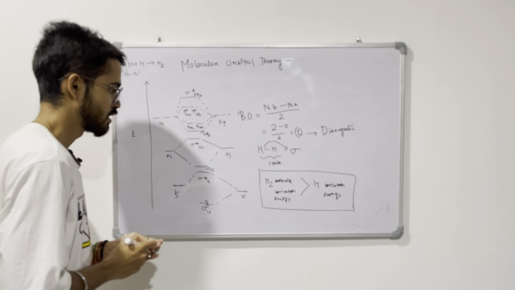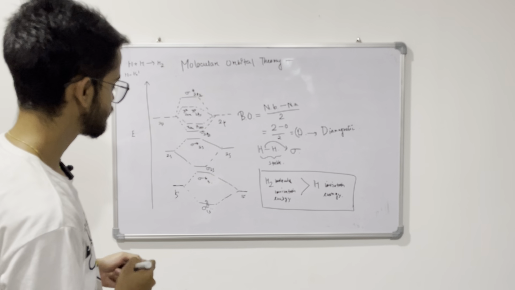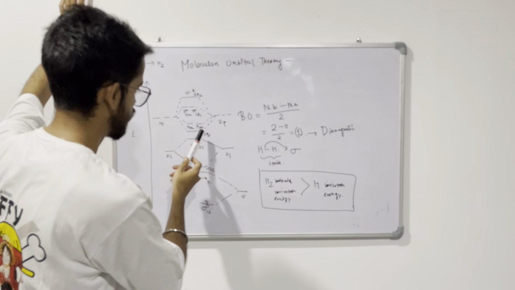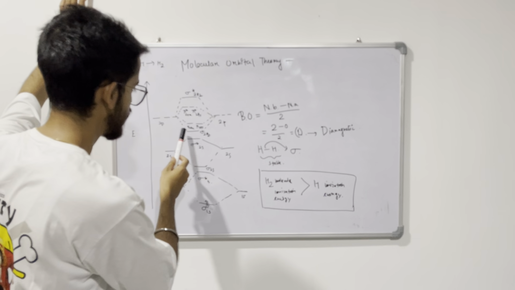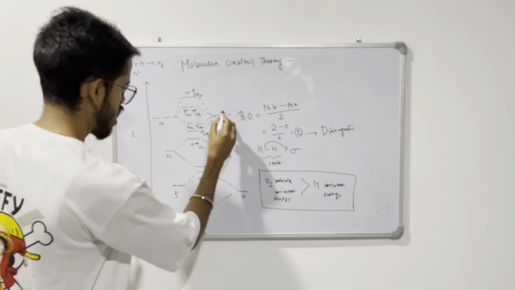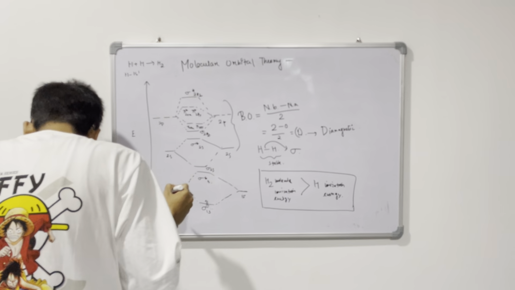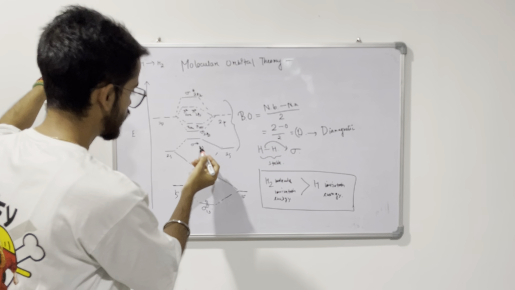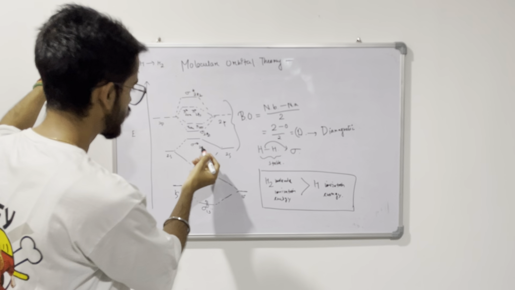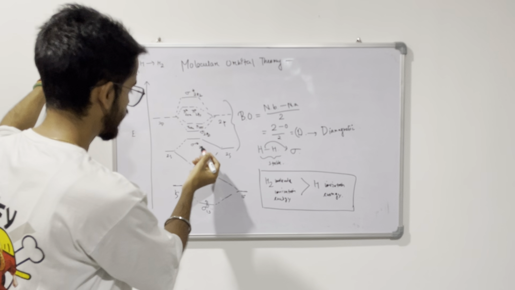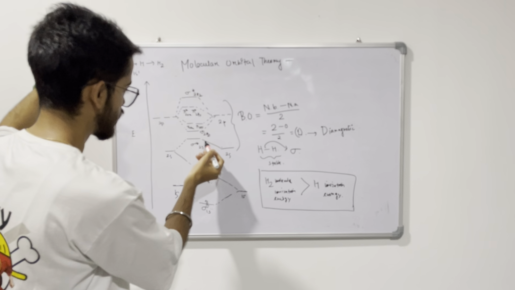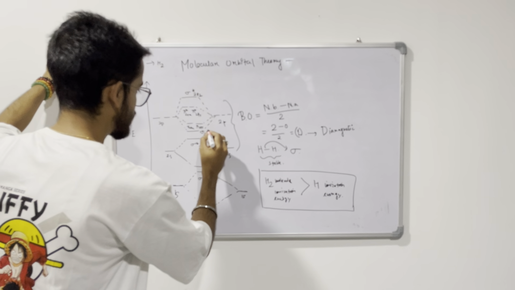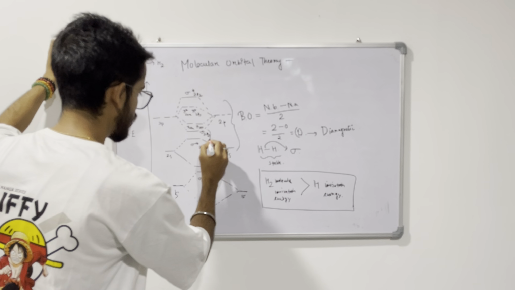Okay. Now let's say the main thing appears here between these two. What happens? In case of sigma star 2s and sigma 2pz, S and P, this energy difference is quite low.